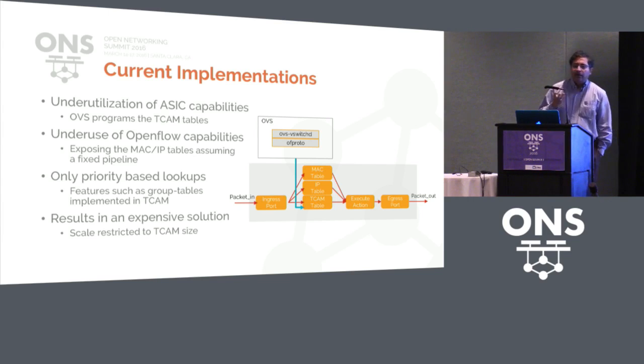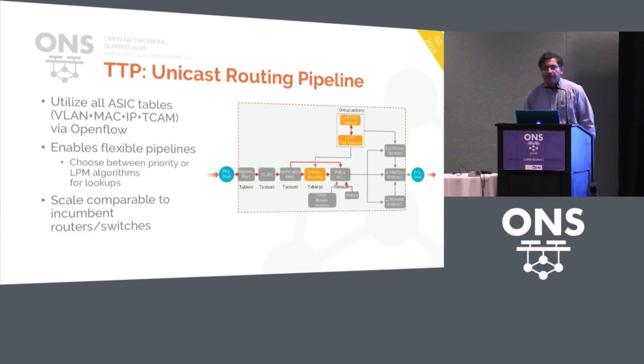So OpenFlow used to have this limited resource to work with, and hence its penetration into mainstream deployments was very, very restricted. So what does TTP bring to the table? This is a very simplified but a very good use case that we have enabled some of our customers with. It's a unicast routing profile.